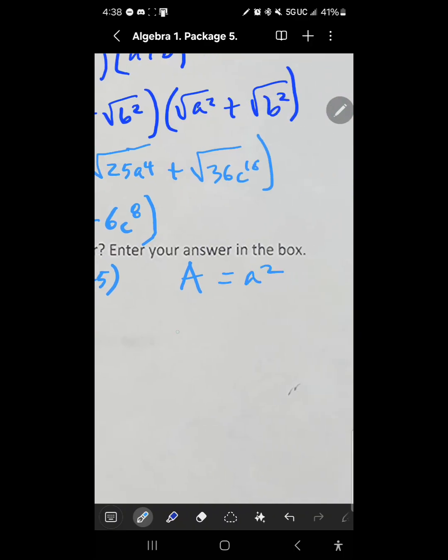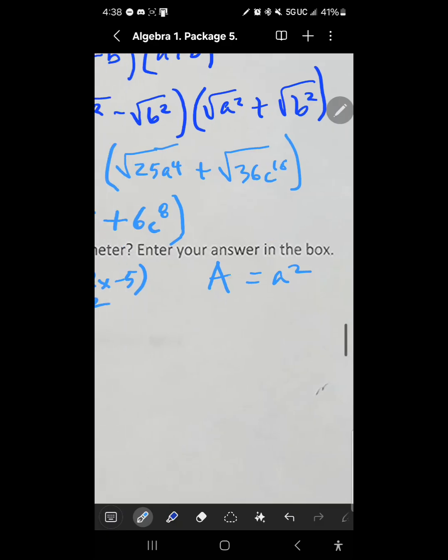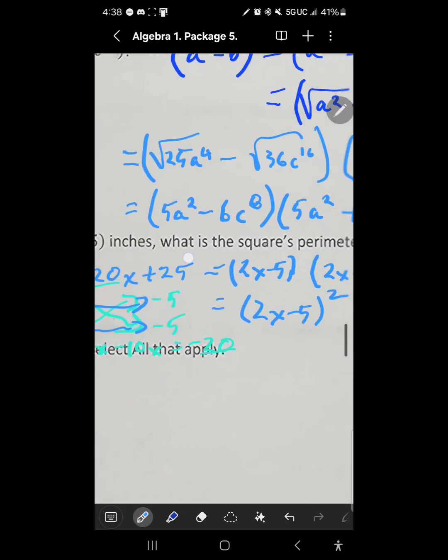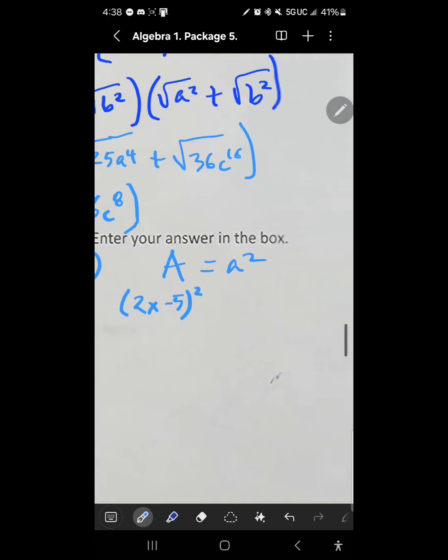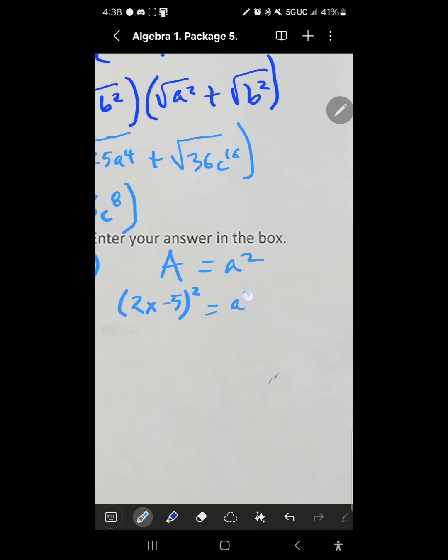So we can say that this was the area, 2x minus 5 squared, equals s squared. I'm gonna put s, just because it's something that you'll see later, and we can take the square root on both sides to delete the square, so you can say that 2x minus 5 equals s, which for me is the side.